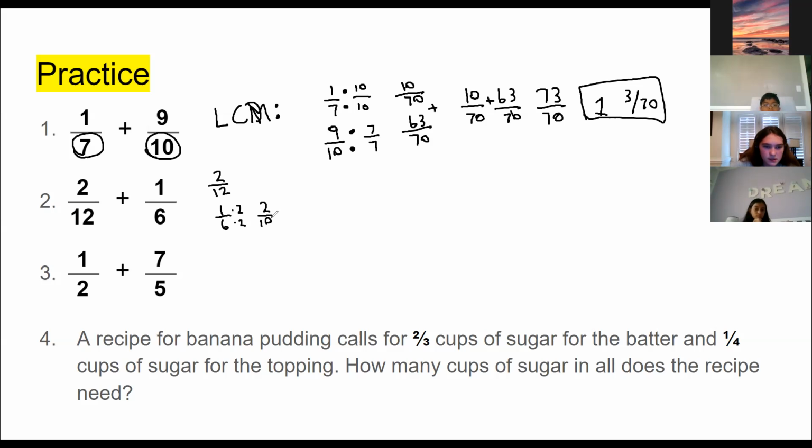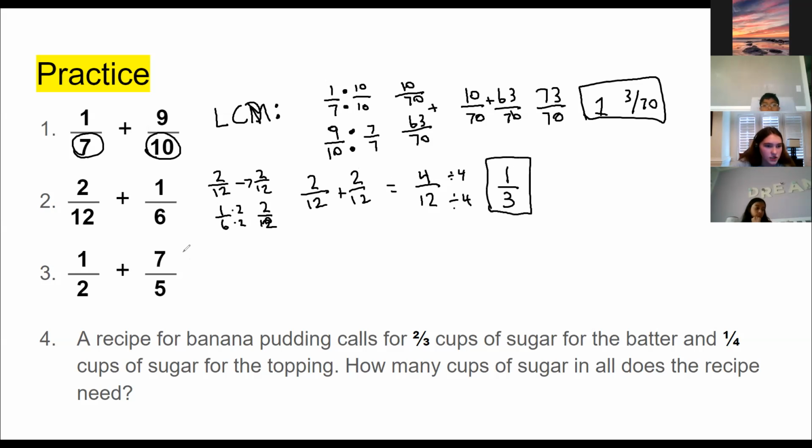Because 1/6 is 2/12, and 2/12 is 2/12. So 2/12 plus 2/12 is 4/12. And a way to simplify that, divide by 4, divide by 4, that is 1/3.